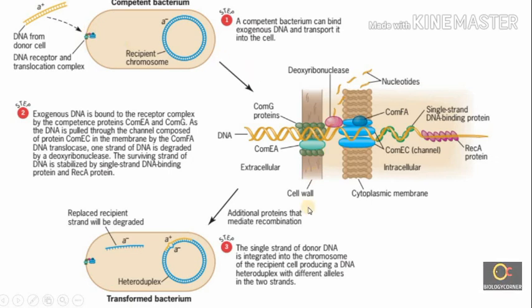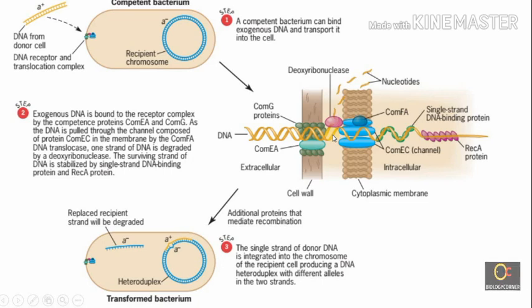First of all, the cell wall of the bacterium contains ComG protein and another one, ComEA protein. What do these proteins do? These proteins bind free double-stranded DNA from the environment and convert it into single-stranded DNA.